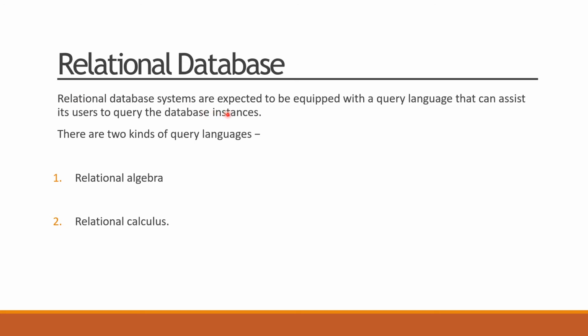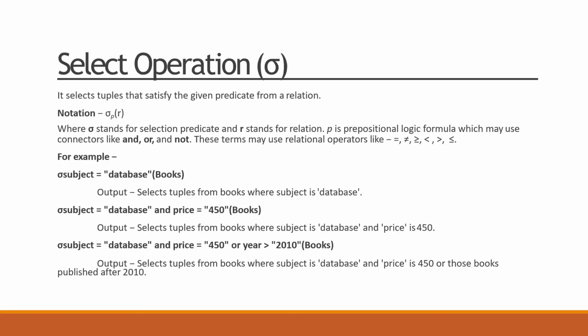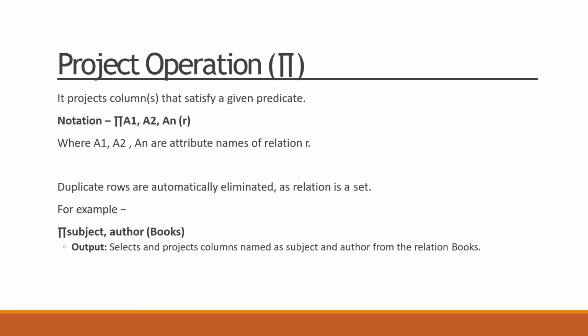Relational database systems are expected to be equipped with a query language that can assist its users to query the database instances. There are two kinds of query languages. First is relational algebra and the second one is relational calculus. And project operator gives us the columns which we require.